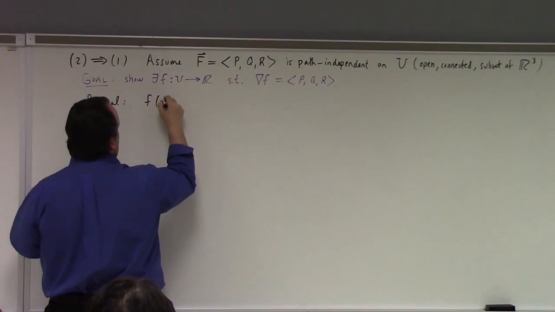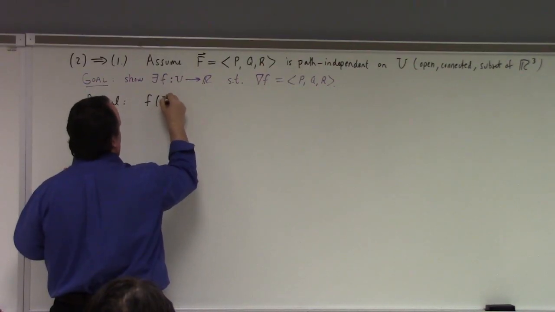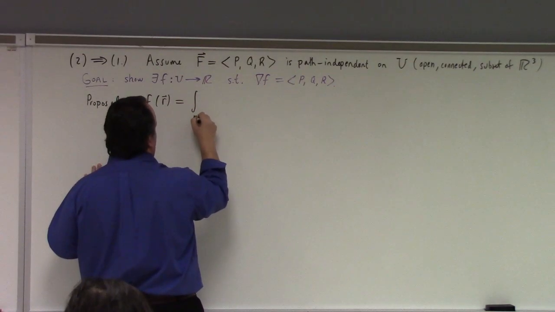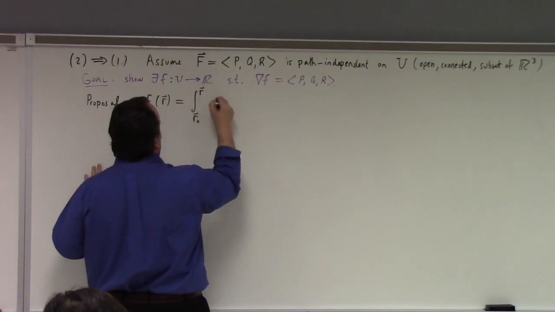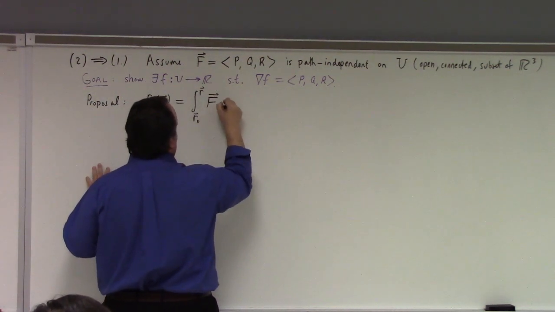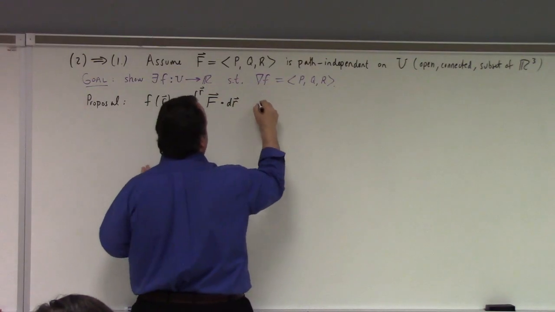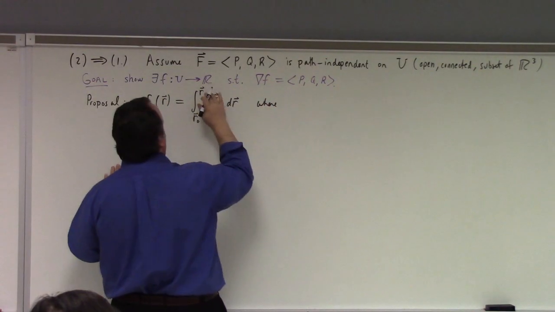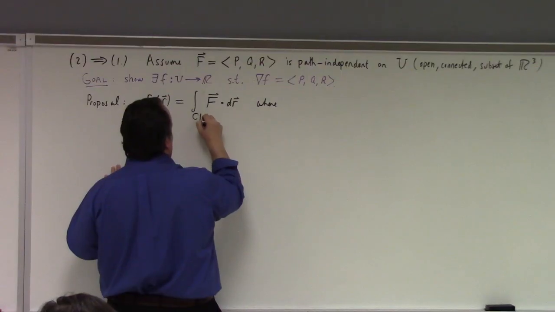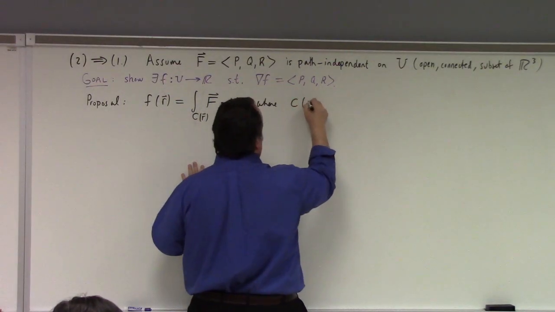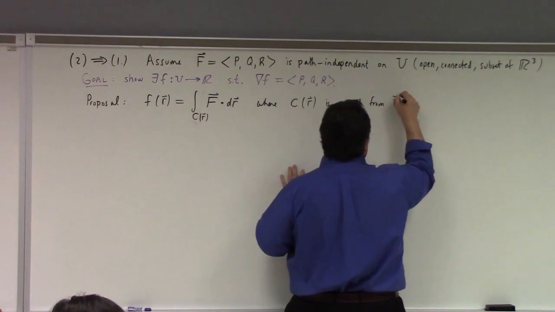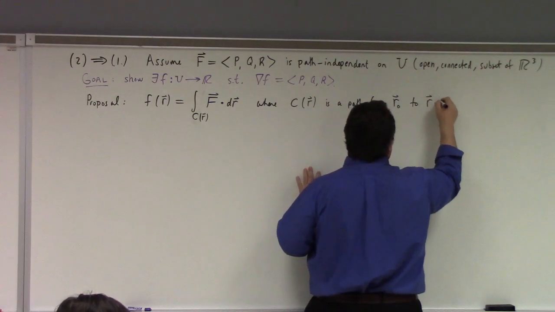Let's say f of r is equal to the integral from r naught to r of F dot dr, where, let me start out with C. C of r down here is a notation, where C of r is a path from r naught to r.